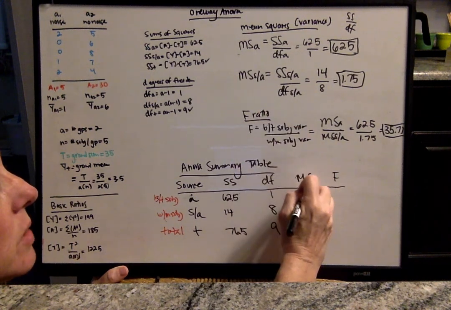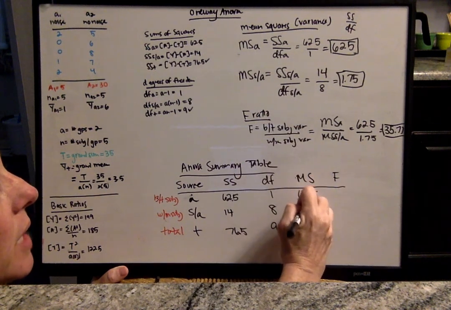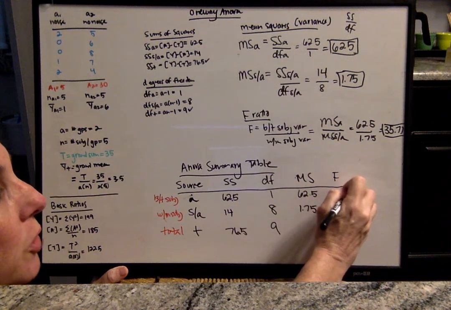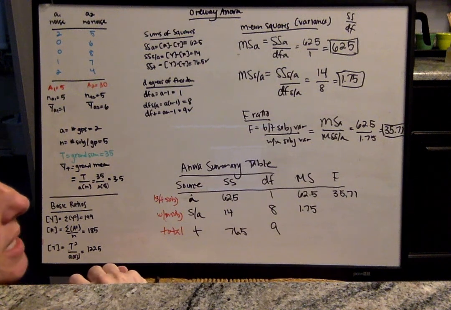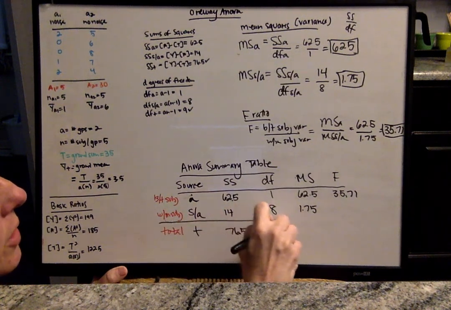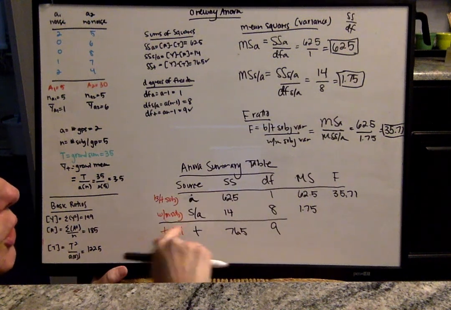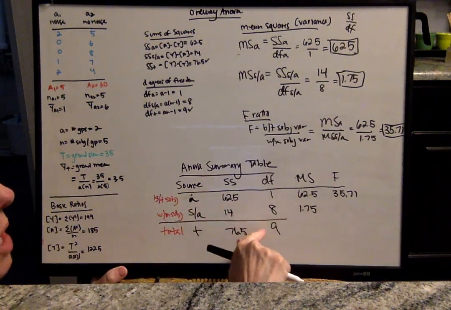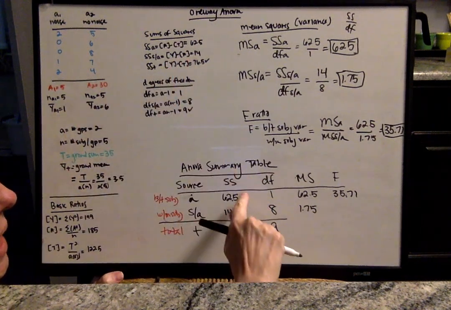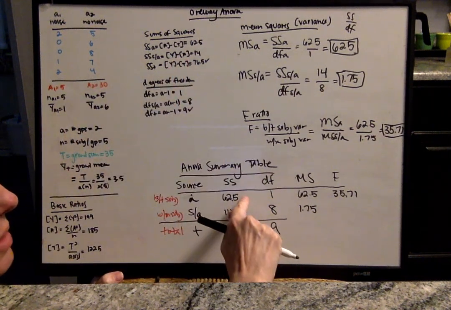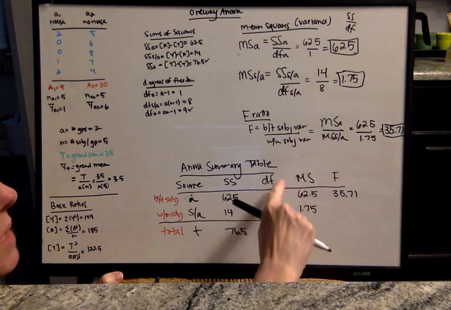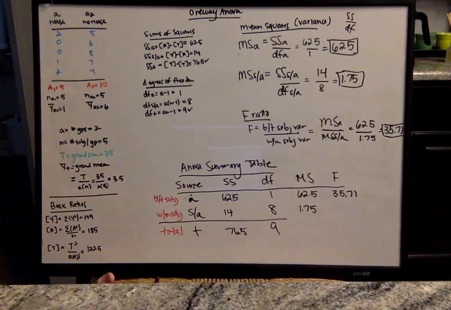Our mean squares were 62.5 and 1.75, and our F ratio, which we put in the first row here, is 35.71. The only other thing I sometimes do with this table is draw a line here to divide the total from these first couple of columns. This is just a reminder to me to make sure that I added up the sums of squares, so 62.5 plus 14 should equal 76.5, and also the degrees of freedom, 1 plus 8 should equal 9.